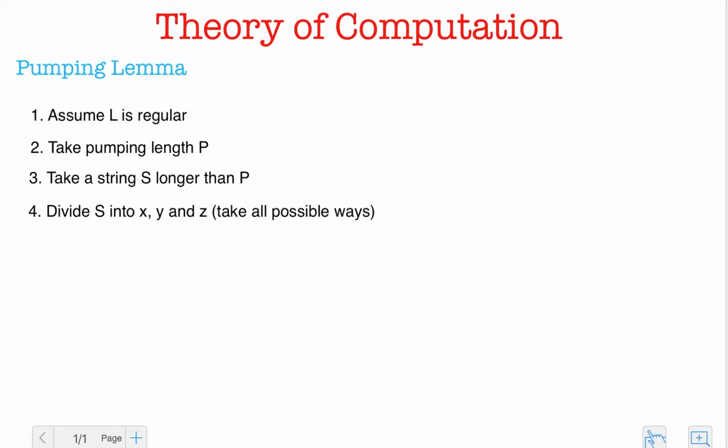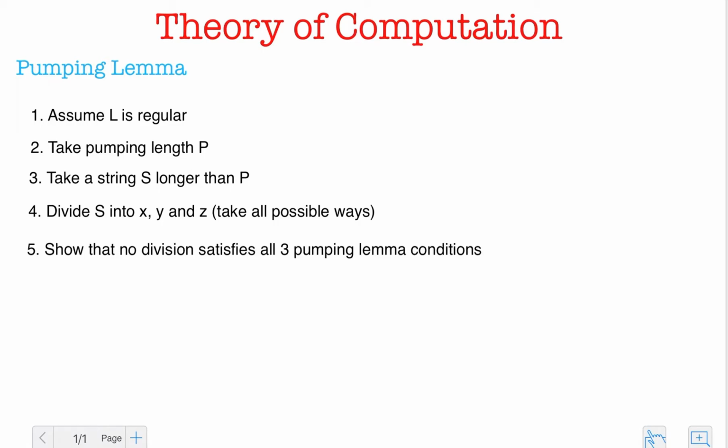So we'll have to take different cases in this fourth point. We'll have to take all possible cases that can be made: y is in the a part, y is in the b part, some part of y is in a and some part of y is in b. So we'll have to take all possible ways.